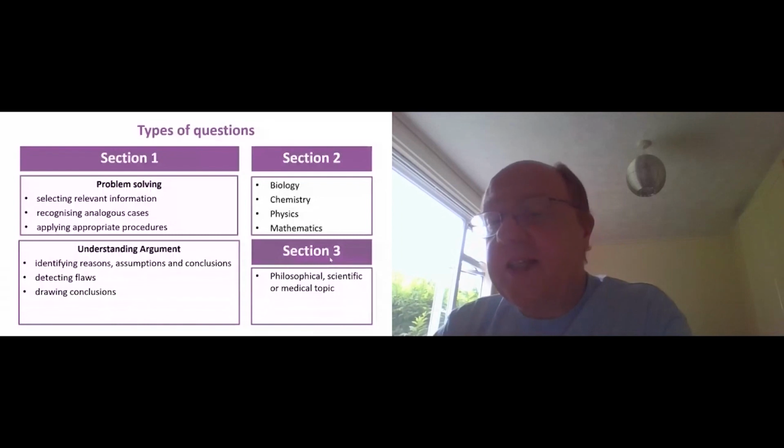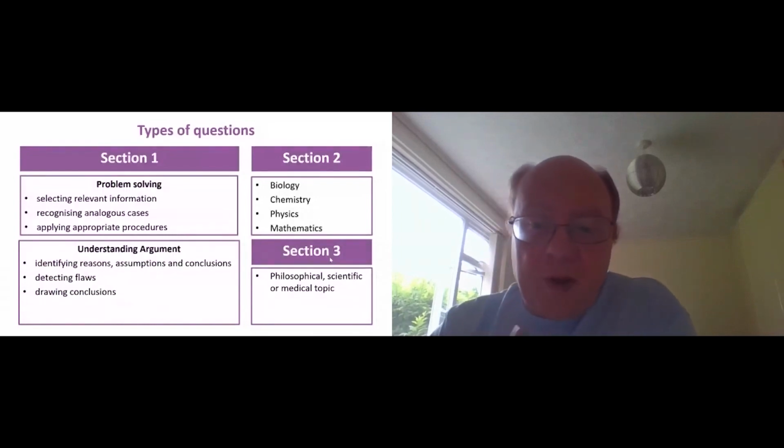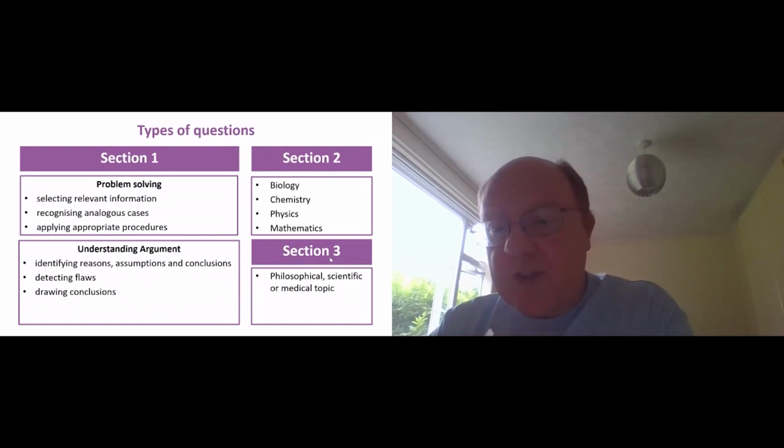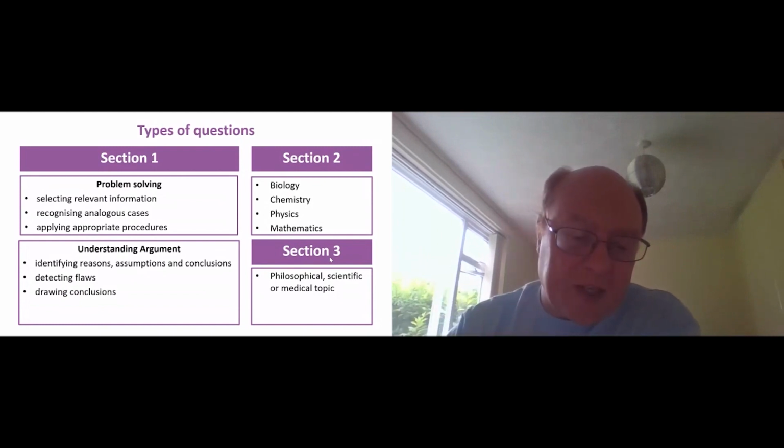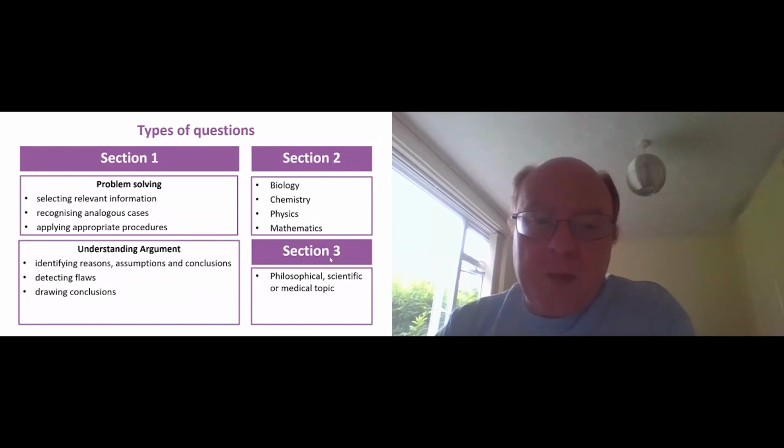Section 3, the essay section, although the topics for the essay questions will be very much around philosophical, often moral or ethical issues, or considering science or medicine, they again don't rely on any specific knowledge. What's being tested is your ability to argue for a particular position, to justify your thoughts and your conclusions. So we'll go on to look at some specific examples now.